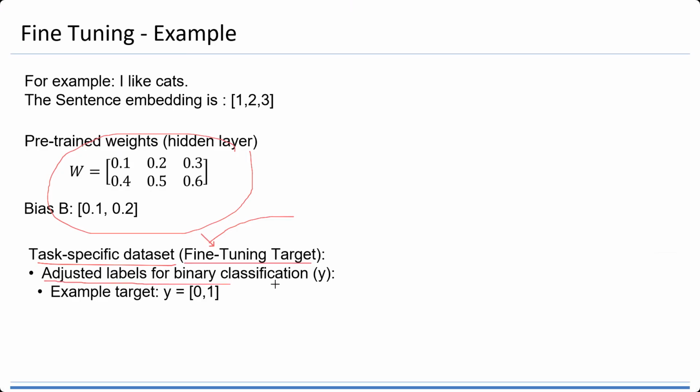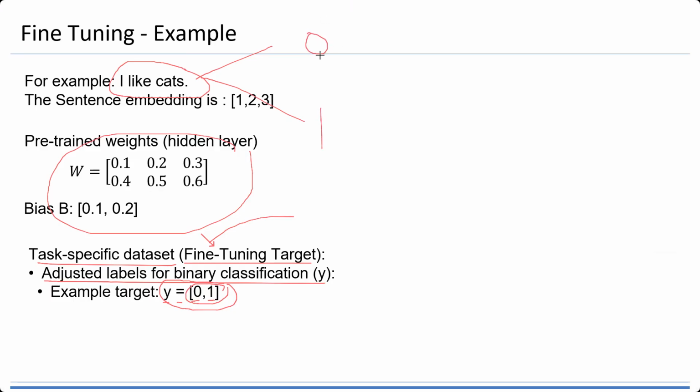Now we need to get the adjusted label for the binary classification. Just as an example, we have the target y equals 0, 1. So what does it mean? For this word, we have binary classification, 0 and 1.